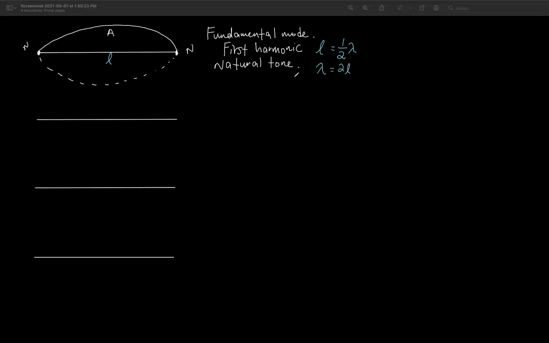Let's put this aside first. Now, frequency. We know that from the wave, v equals frequency times lambda. So if I want to find the frequency of this fundamental mode, then f equals v over lambda, and for lambda I put in 2L. So f equals v over 2L. This gives my fundamental frequency. I will call it f note. That is the basic tone, the basic frequency.